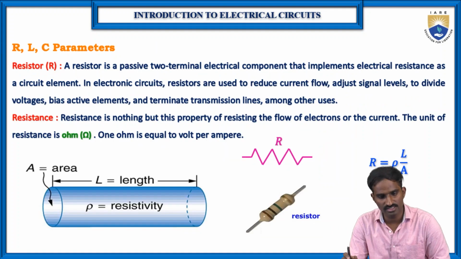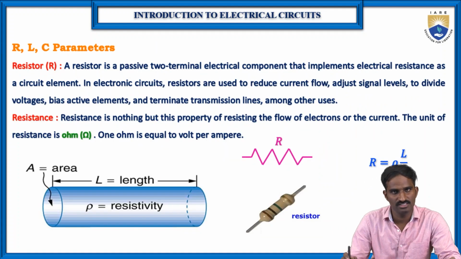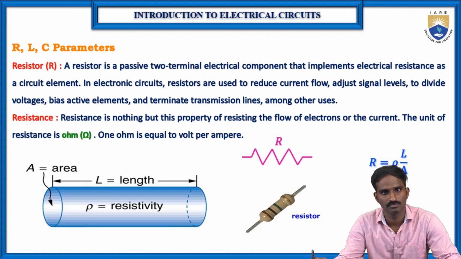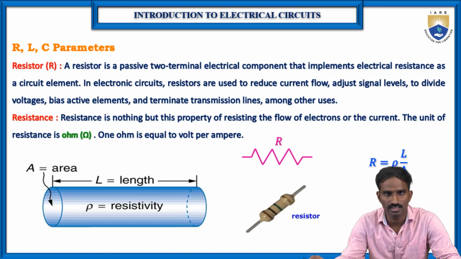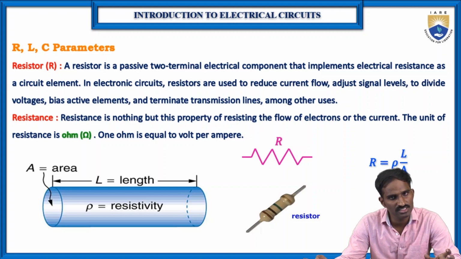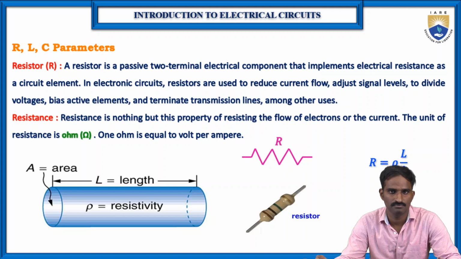So first let us discuss about the resistor. What is meant by the resistor and what is the function of the resistor? Here a resistor is a passive element which is a two terminal electrical component that implements electrical resistance as a circuit element, which means it will resist the flow of electrons.